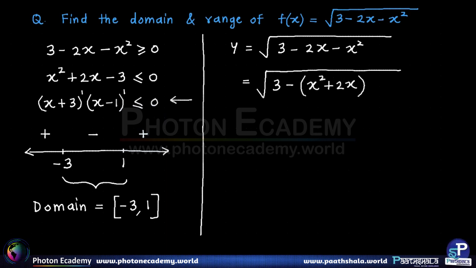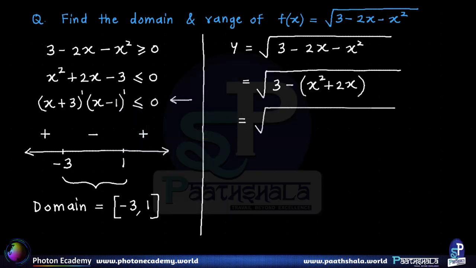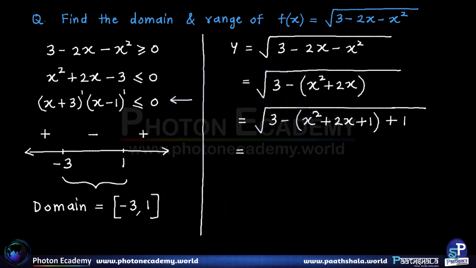We take the minus sign common so that we can see the positive quadratic term inside the bracket. Now if you want to complete the square, we must add 1, and hence to keep the balance we also must add 1 outside. That gives us finally 3 plus 1 is 4 minus, and this bracket is nothing but the square of x plus 1.